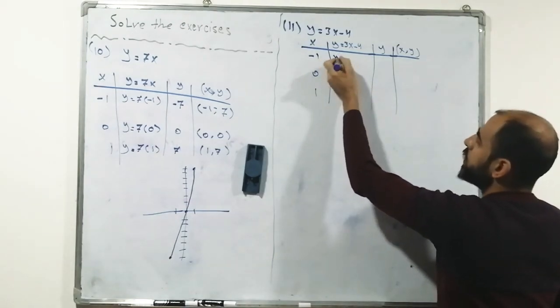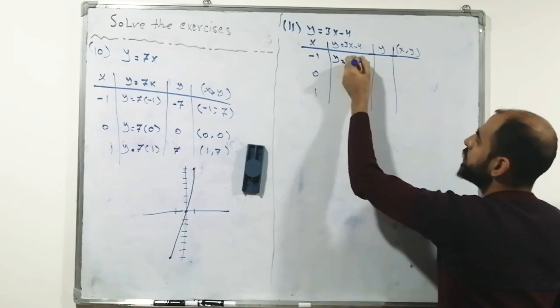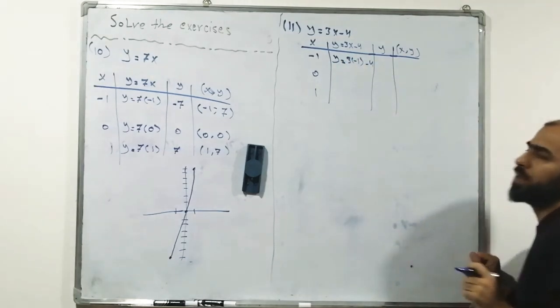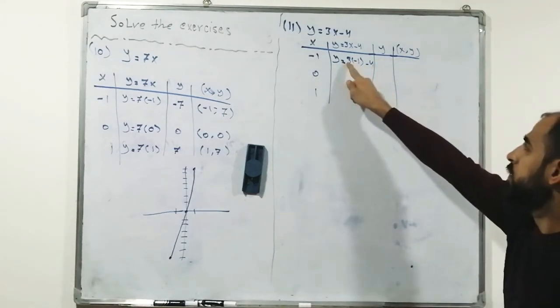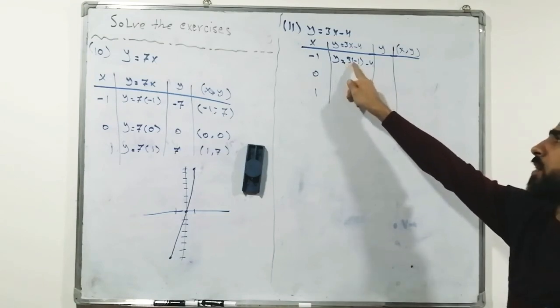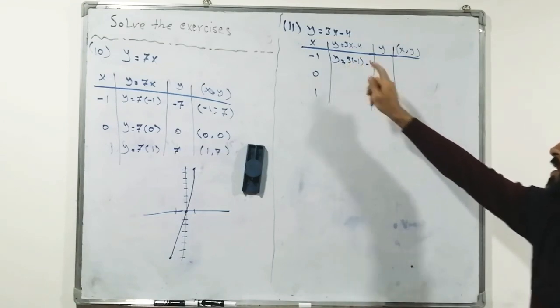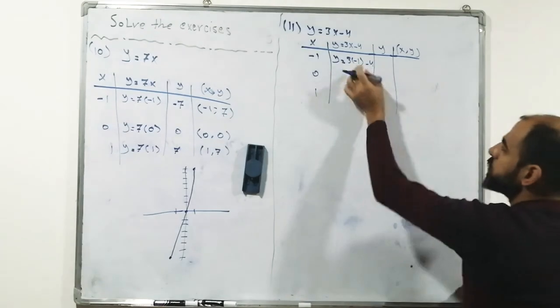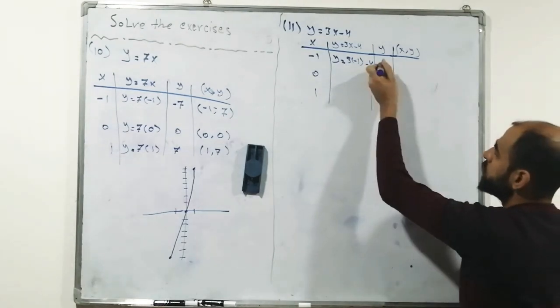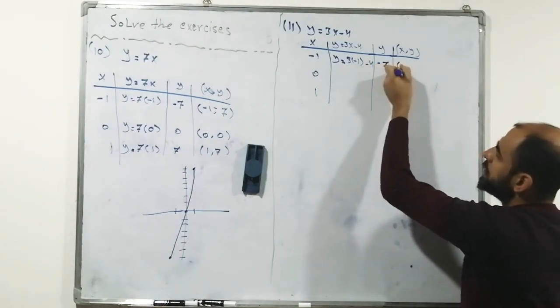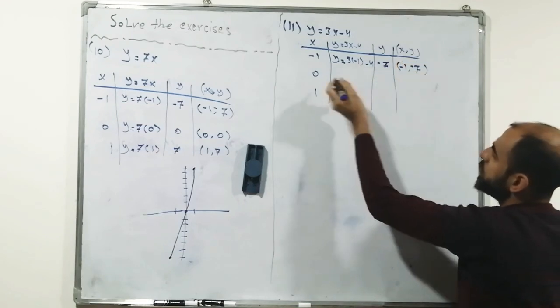Substitute it: y equals 3 by -1 minus 4. 3 by -1 is -3, negative by positive is negative. So we have -3 with -4, two numbers with the same sign, so we make addition. So it will be -7. The first ordered pair is (-1, -7).